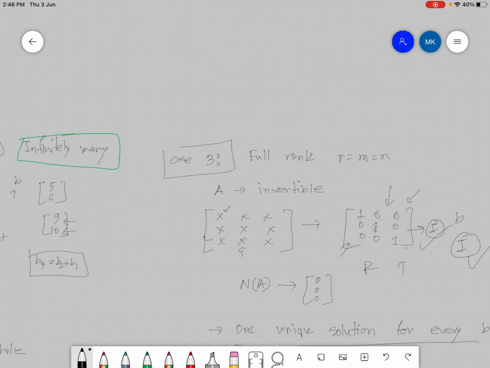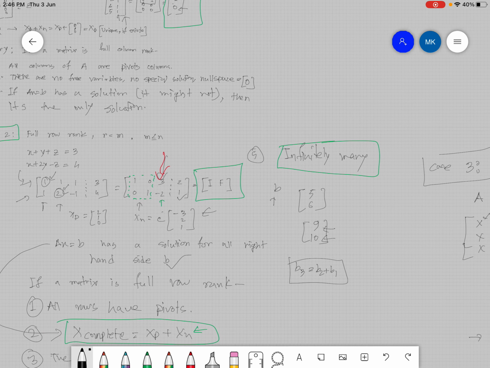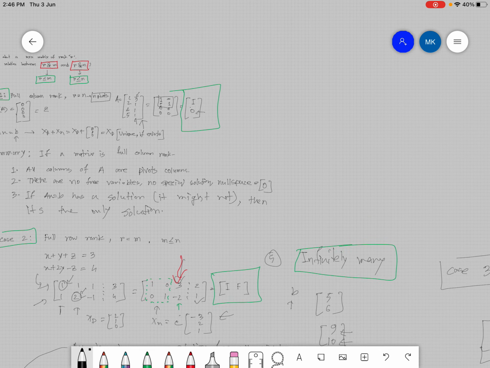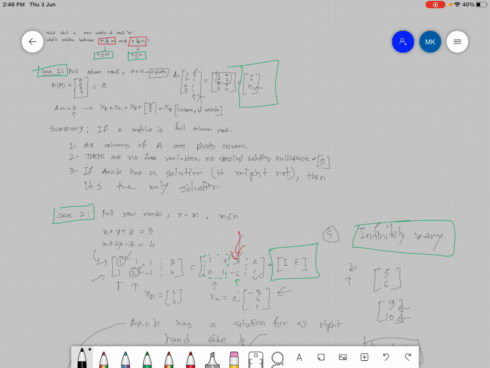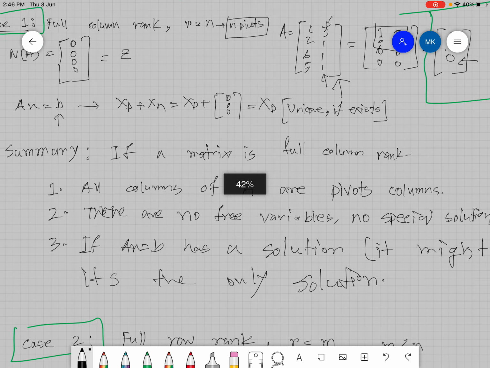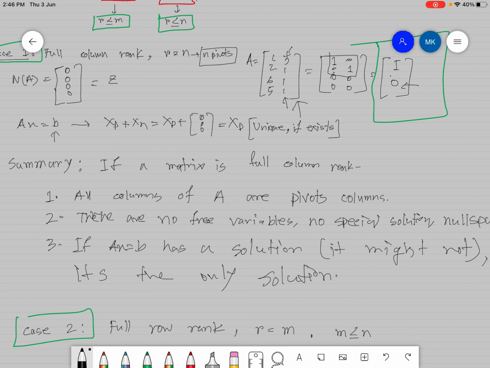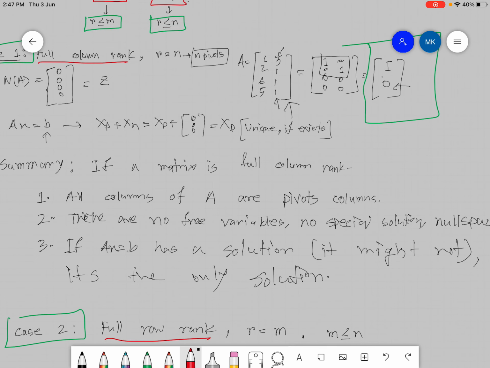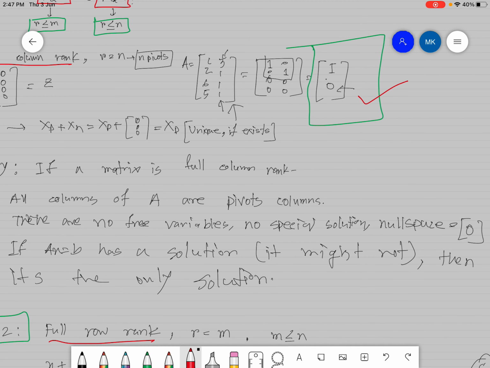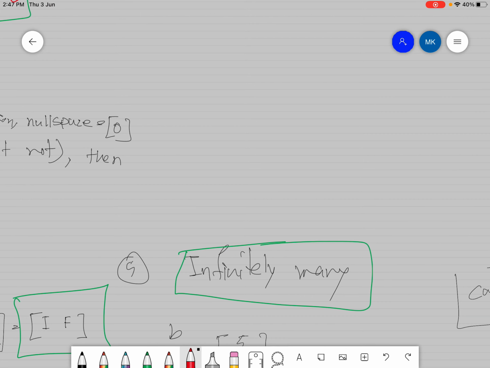In case of full column rank and full row rank, we have these structures of row reduced echelon form, right?